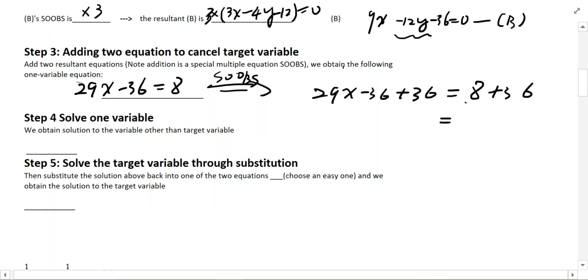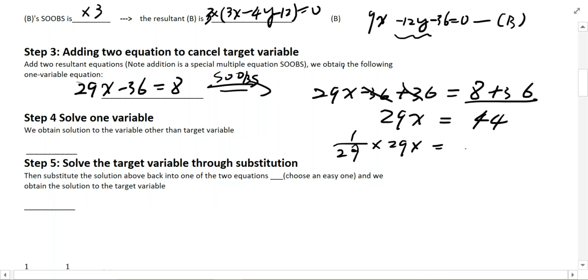Then we get 44. This cancels out, so we got only x on the left hand side now. So now we do another step. We times 1 over 29. 1 over 29 times 29x equals 1 over 29 times 44, right? So we can cancel this out. So we get x equal to 44 over 29.